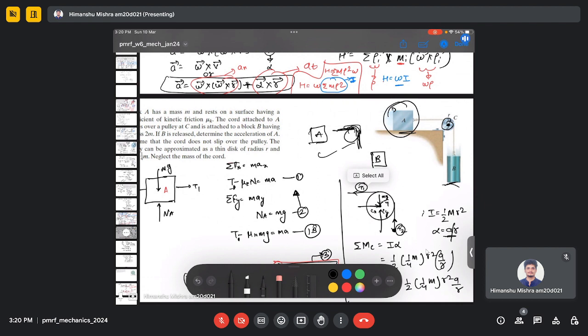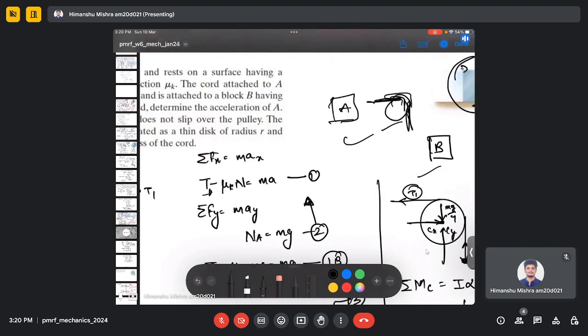The only difference is the mass and the force. So we considered all three bodies, body A, body B and body C, and we tried to do the moment and force balance analysis. When we do the force balance, it will be equal to the mass multiplied by acceleration because these are inertial objects.